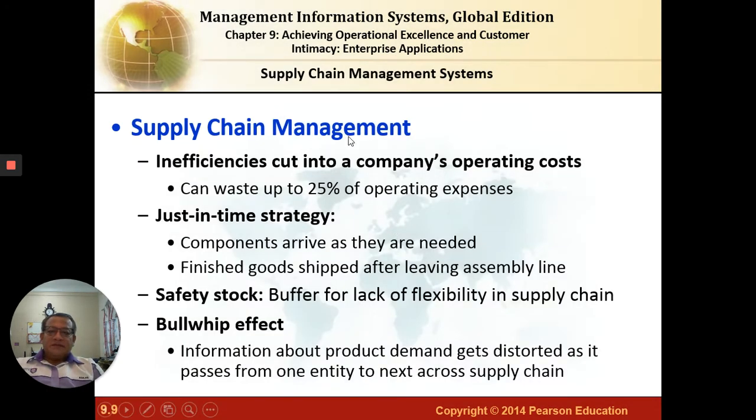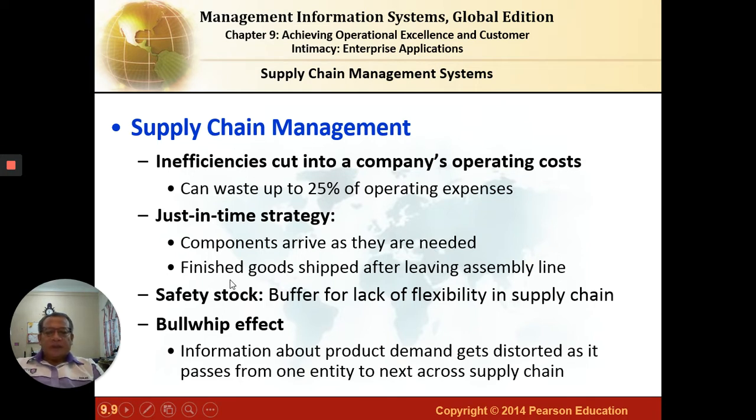So SCM, supply chain management, can basically help companies reduce operating expenses by as much as a quarter. This is quite a significant change, because SCM will reduce the supply ordering time by having a JIT, just in time, approach, in which components that are supposed to arrive and be used by the factory will arrive just on time as and when needed.